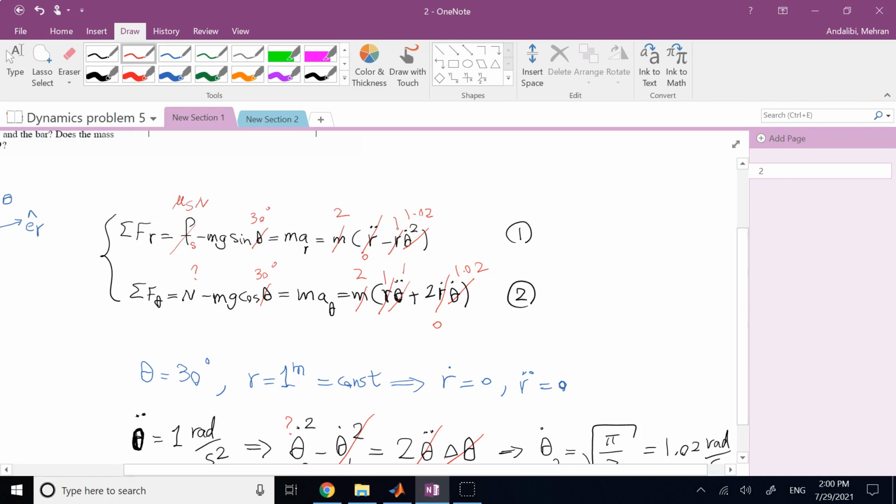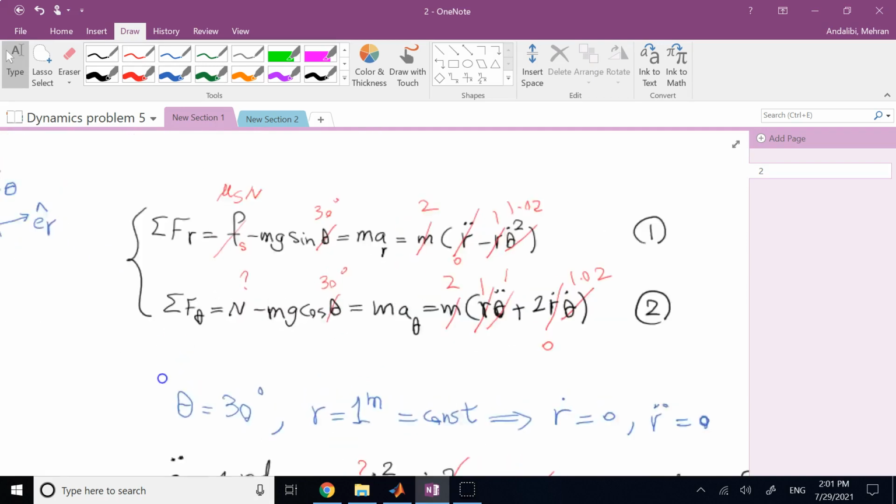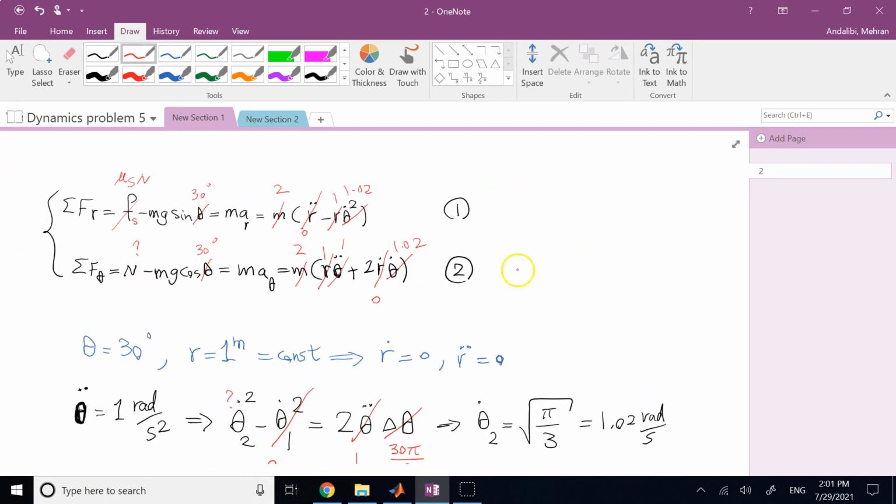So if I look at my equations 1 and 2, they can give me a bunch of info. If I look at equation 2, the only unknown is clearly N, because everything else is known.